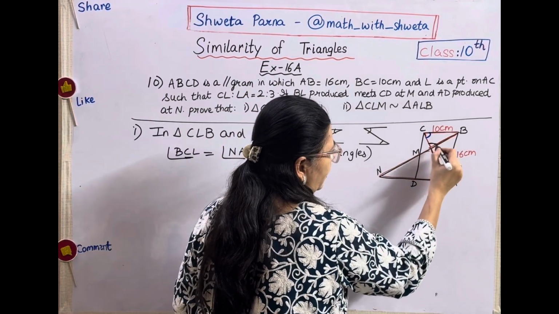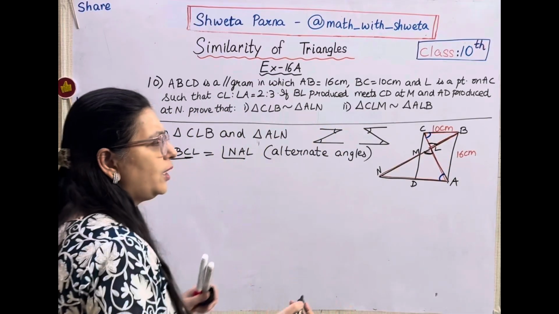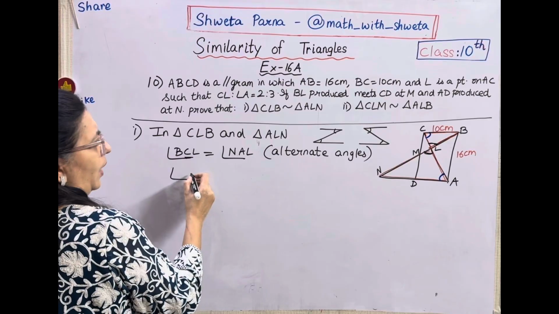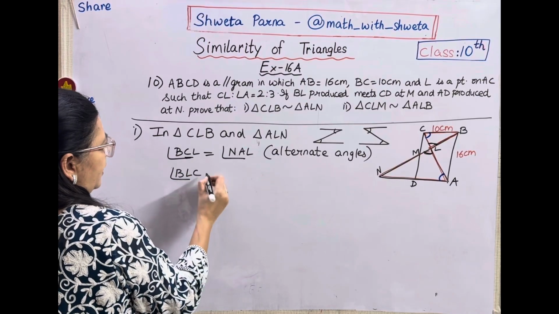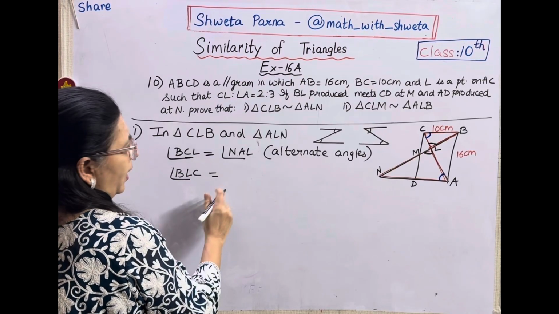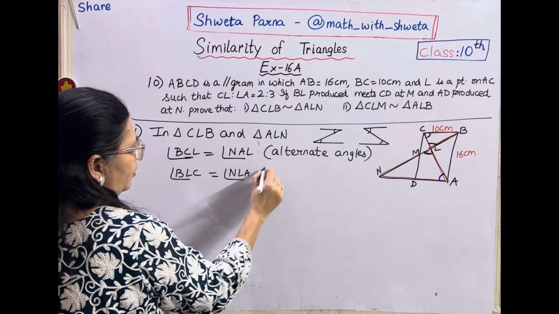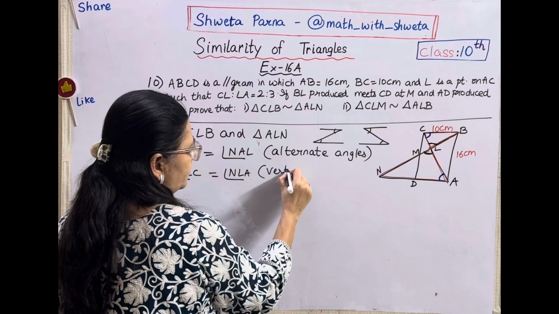Then what is the other one? This angle will be equal to this angle, vertically opposite angle. So angle BLC is equal to angle NLA, vertically opposite angles.